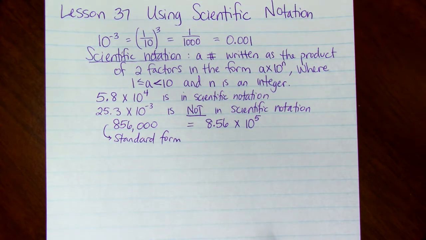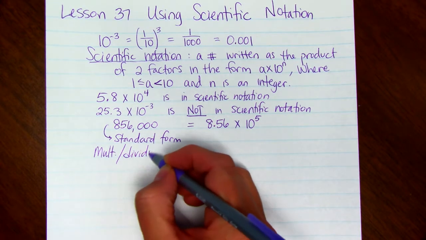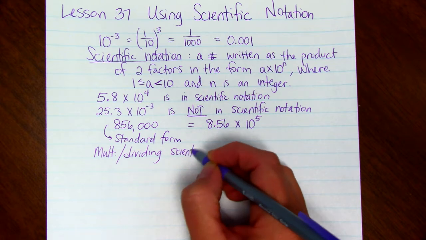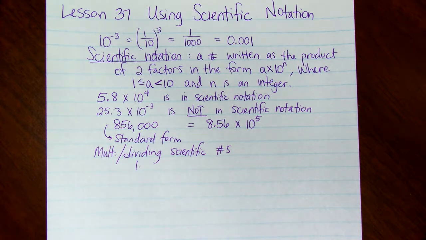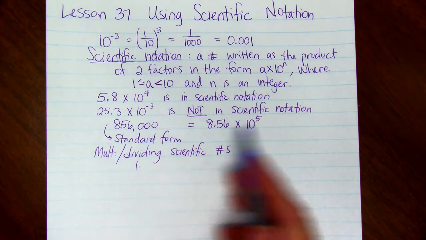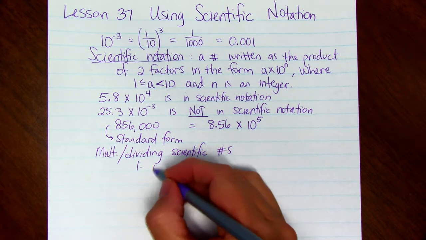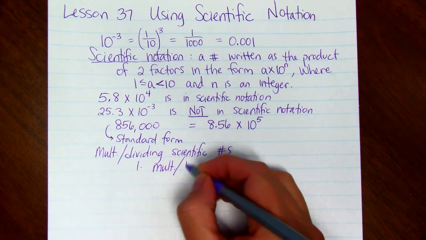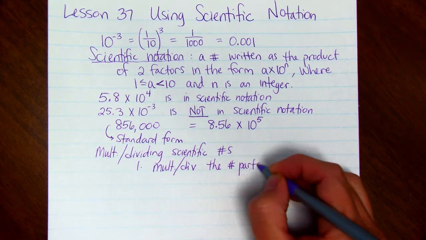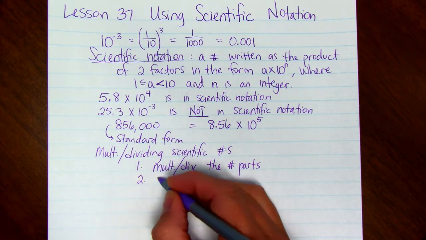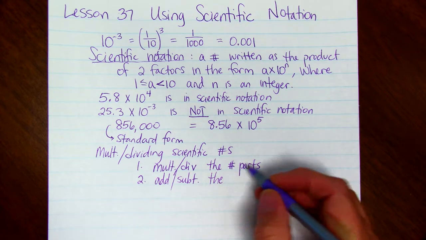Now when you're multiplying and dividing scientific numbers, here we'll just write this down. First you multiply or divide the number parts. That's the part that's the letter A. Here, that comes right before the times 10 to the power. So we're going to multiply or divide, whatever the sign tells us to do, the number parts of the scientific notation. Then we add or subtract the exponents dependent on if we're multiplying or dividing.